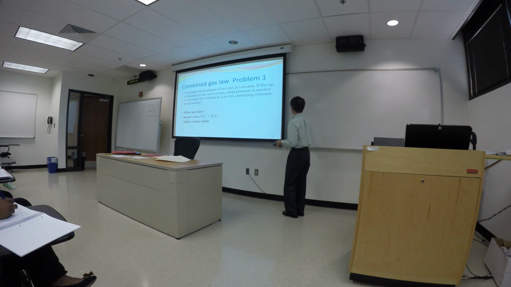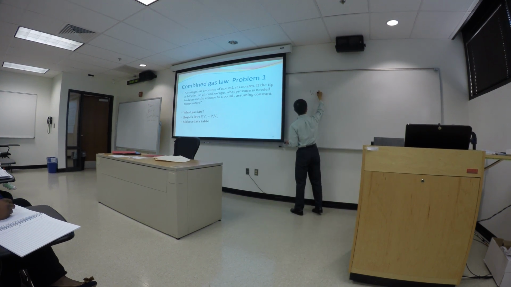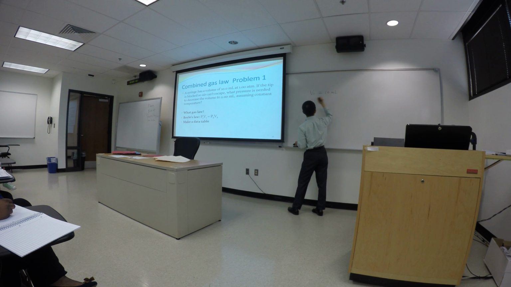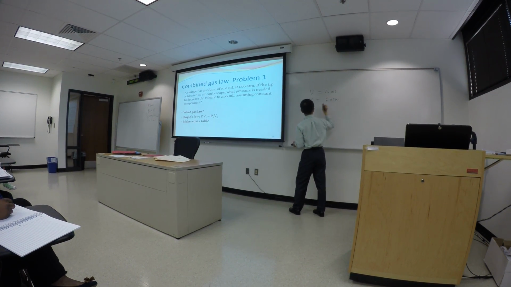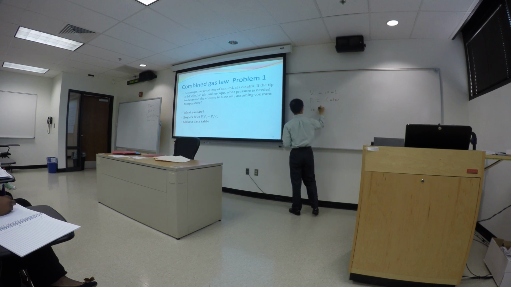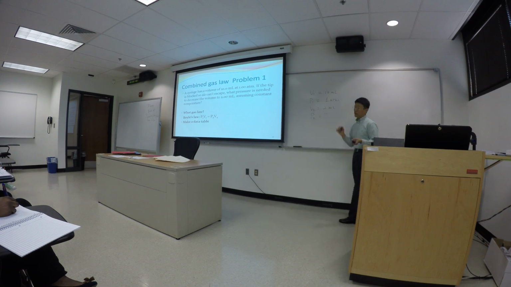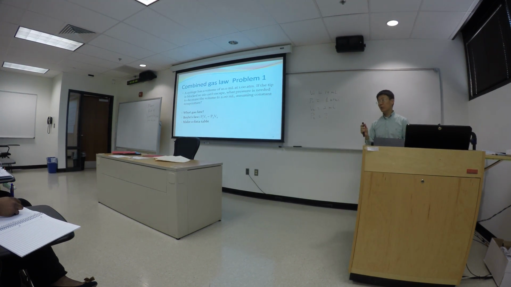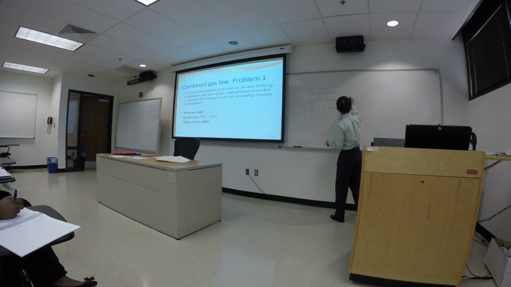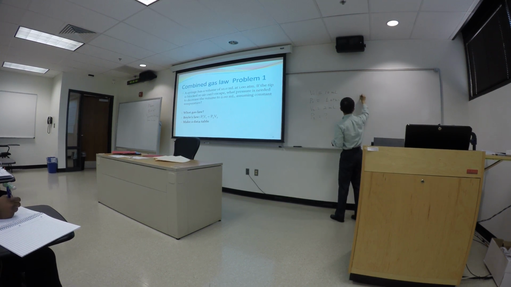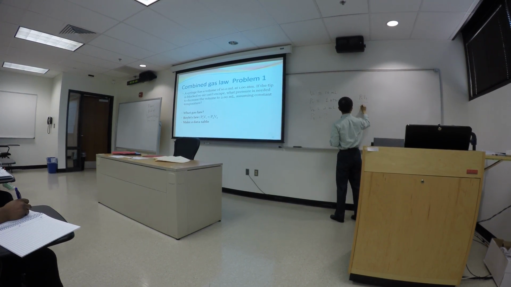Making a data table here, we have V1 equals 10 milliliters and P1 equals 1 ATM. Then we have V2 equals 2 milliliters, and we want to determine P2. Using that table, P1V1 equals P2V2, then P2 equals P1V1 over V2.